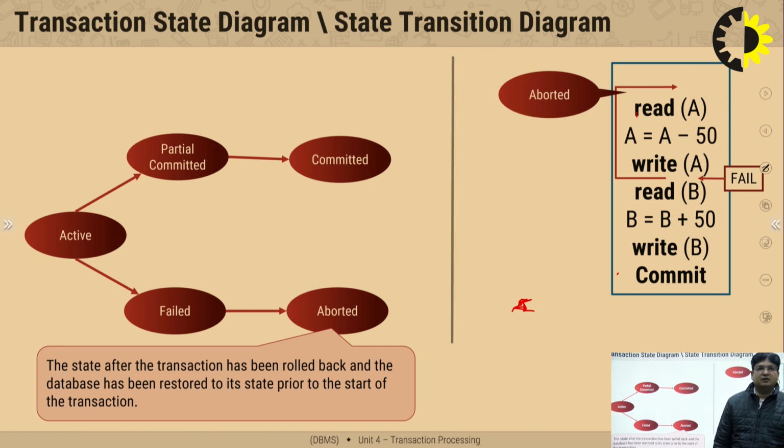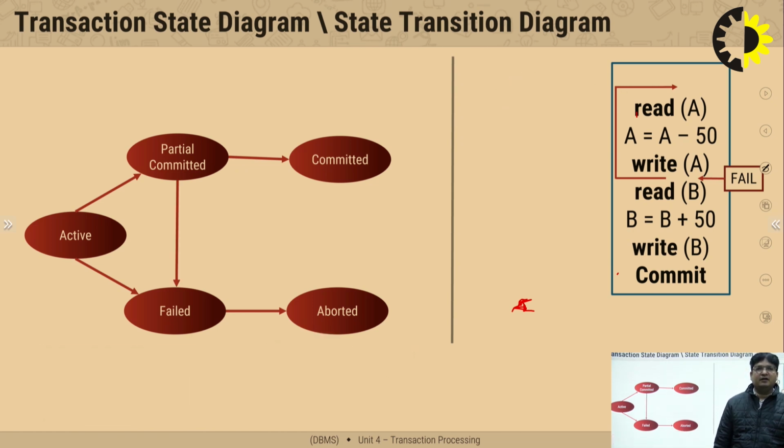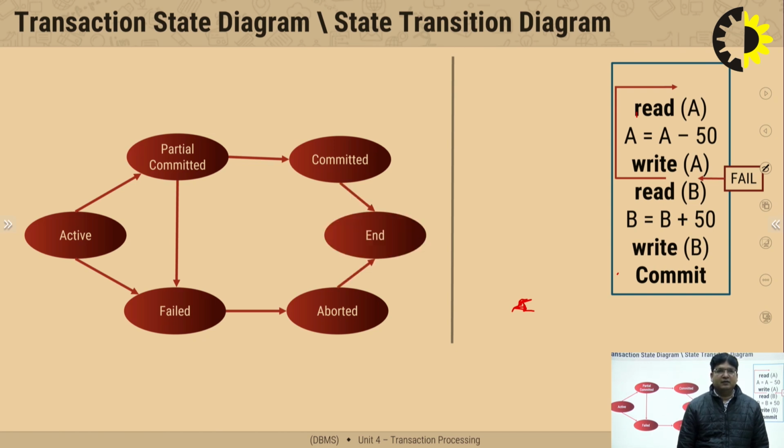So the transaction will end in two ways, either it will be successful or it will be aborted. In the failed state, a transaction can come from the active state directly to the failed state, or from the partially committed state to the failed state. It can also happen.